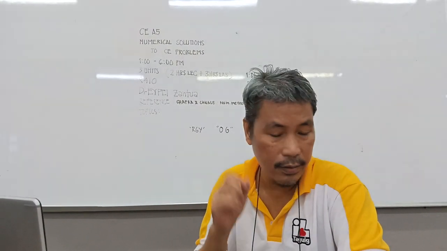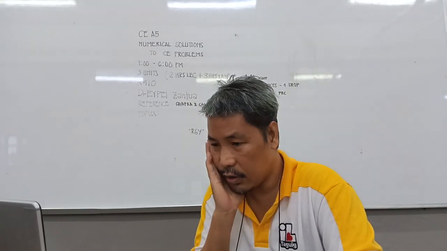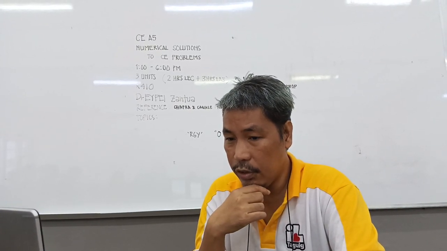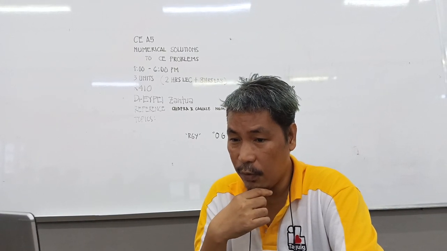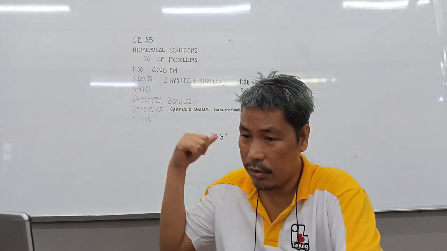You can use the free version of Excel. Do not use MS Excel because that is not free. You can use WPS, which is a free version of Microsoft Office, right? So this is free. You can install it in any computer. Okay, so you can use that. And also, calculator.